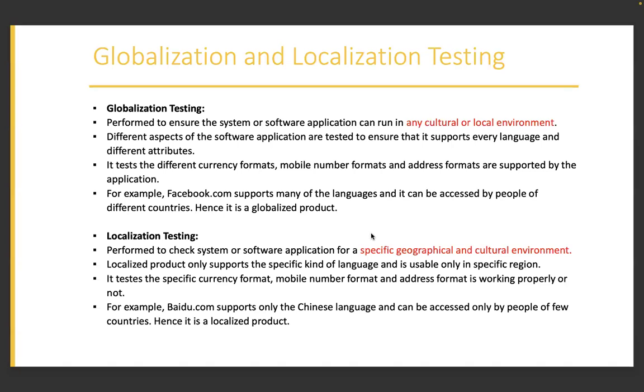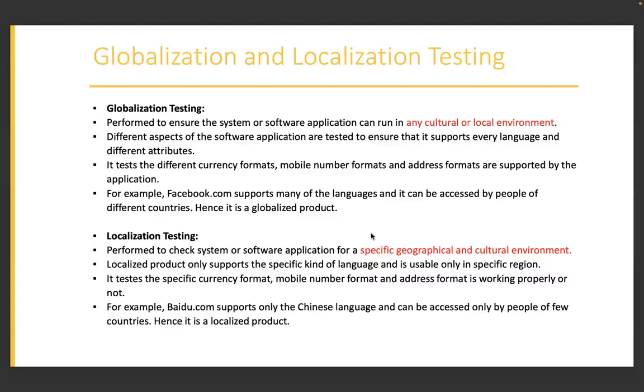Here you can see one example, guys: the website baidu.com, which is accessible within the China region only and is present in only a single language, that is Chinese. It has no other language, guys. So you can consider this particular product as a localized product, which is local to that particular region only.